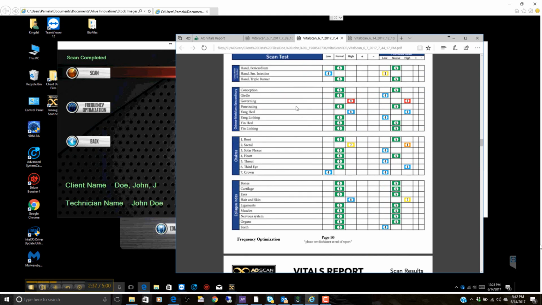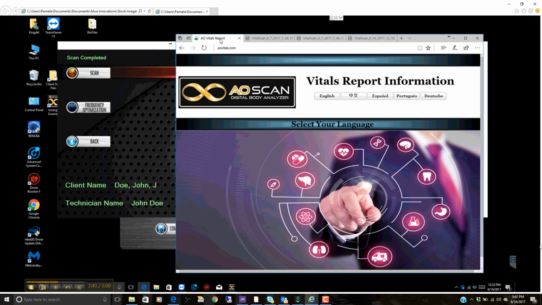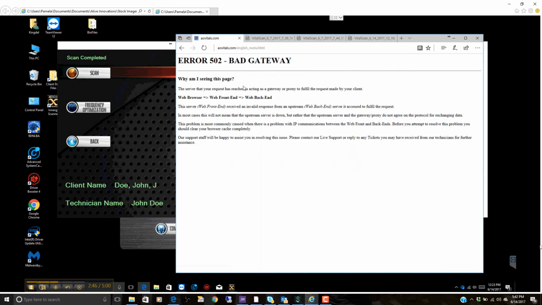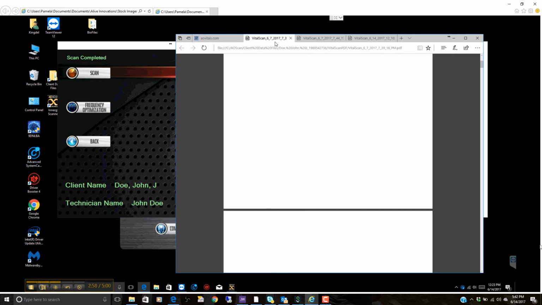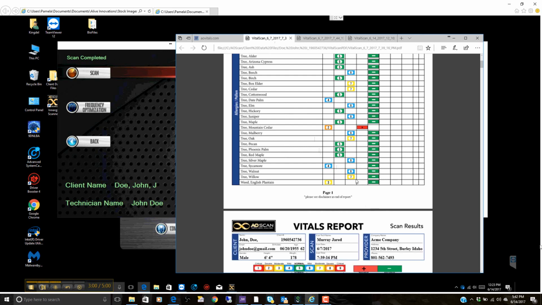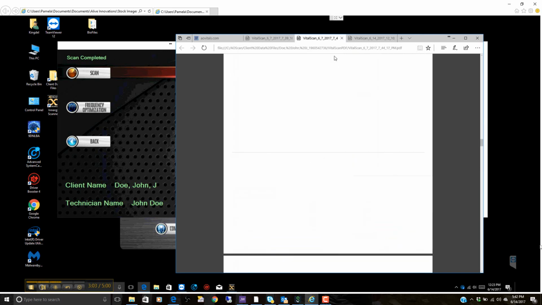We also have here other Chinese meridian points that you can look up. What's great about this is you can also find this in the vitals report here. Let's reactivate that. Oh, it must be being updated right now, so we can't access it. But anyway, we'll look at this report here.